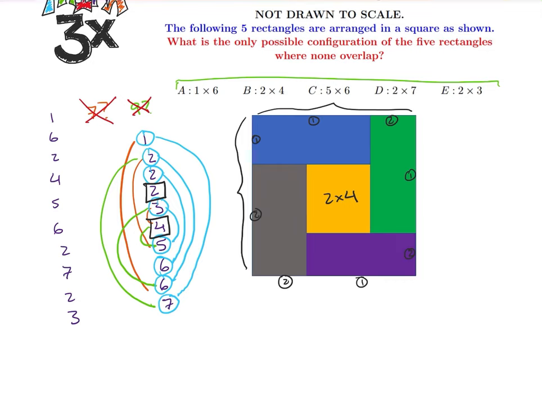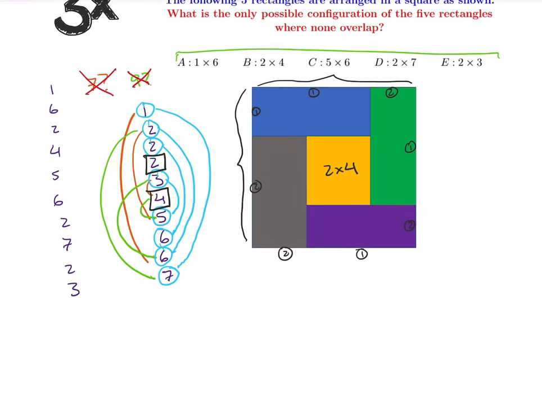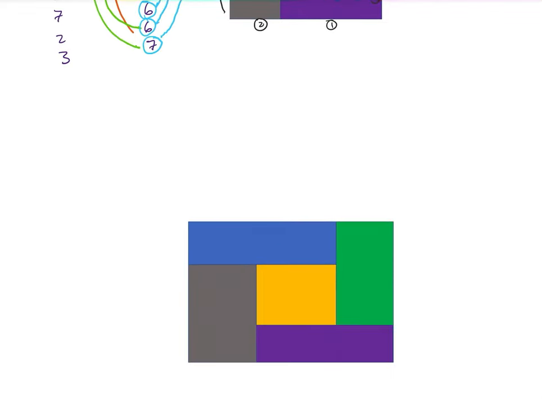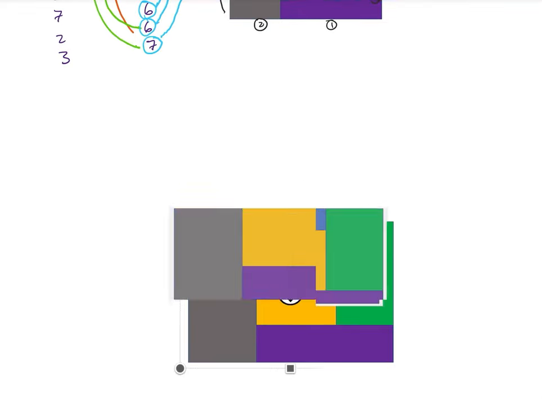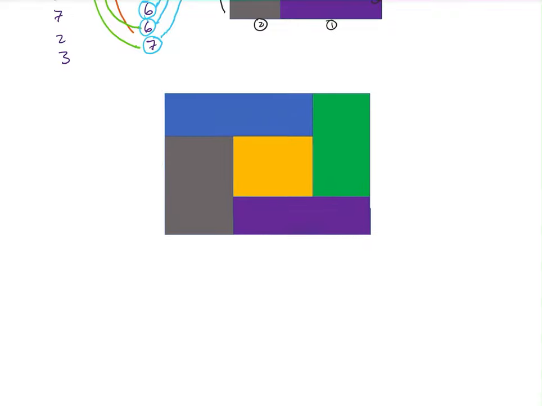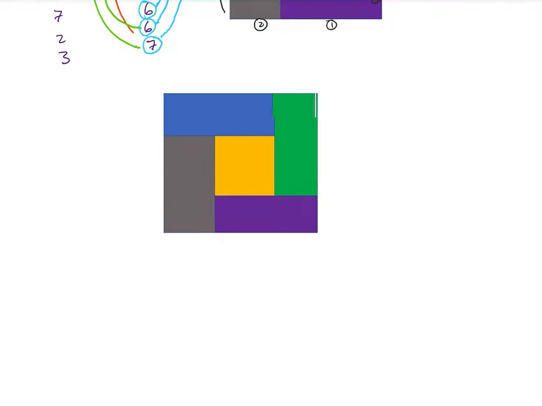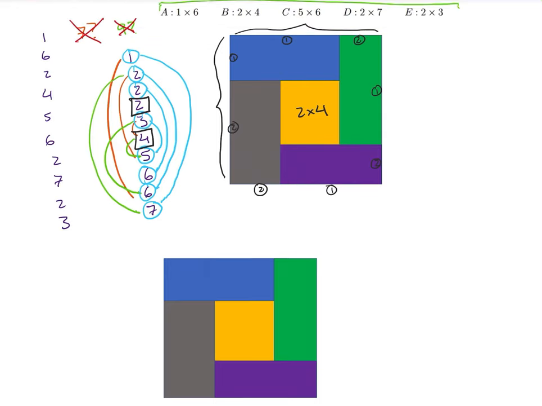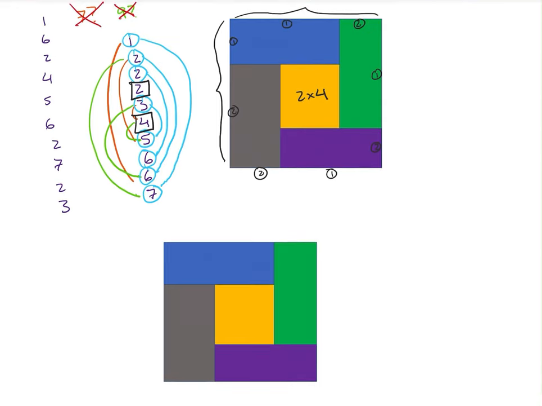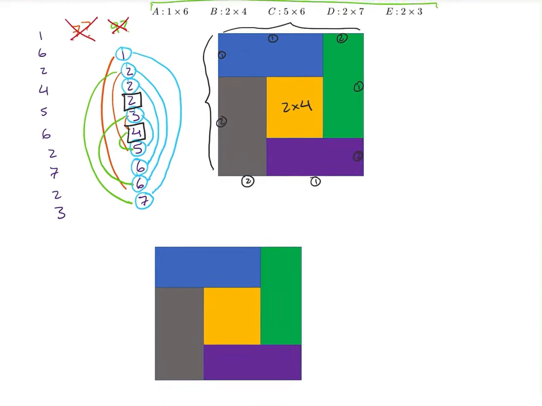Okay, so we've identified where the 2 by 4 is. We don't really know the arrangement quite yet. So let's go ahead and pull our shape up here and take another look at it. So this is a square. Looking at this shape, if I have a 7, one of these must be 2 by 7.